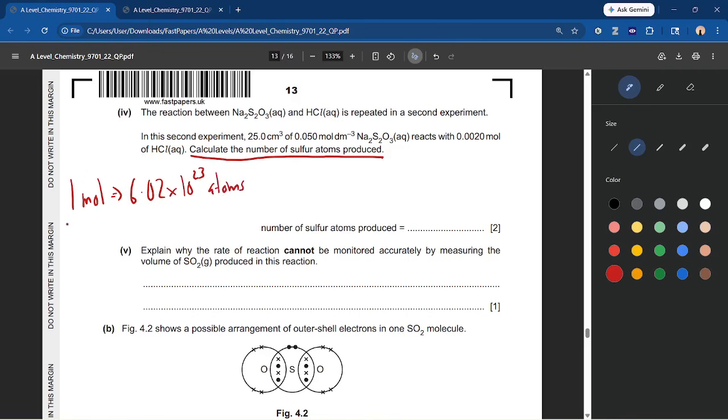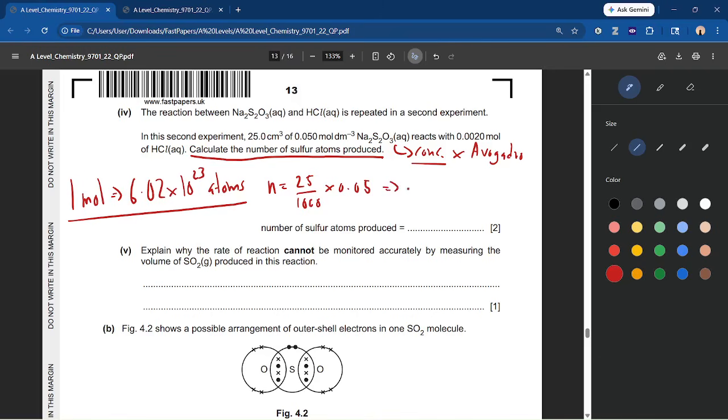So now we need to figure out what the concentration is. Concentration times Avogadro. Very interesting question. So this will be N is equal to 25 by 1000 times 0.05.